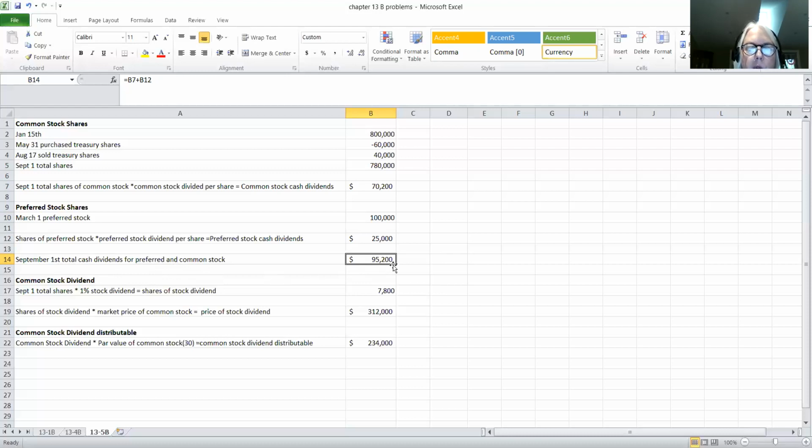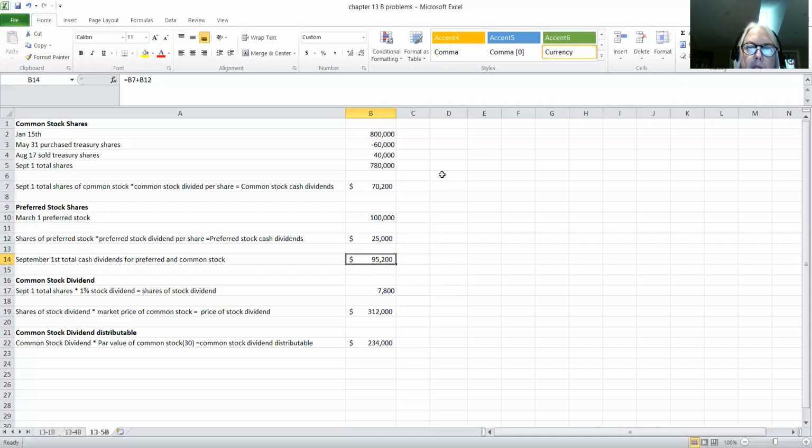So we simply add the common stock dividends, which was 70,200, plus our preferred stock dividends of 25,000 together. That will give you 95,200. That's the answer that we're going to put in our Cengage journal entry.